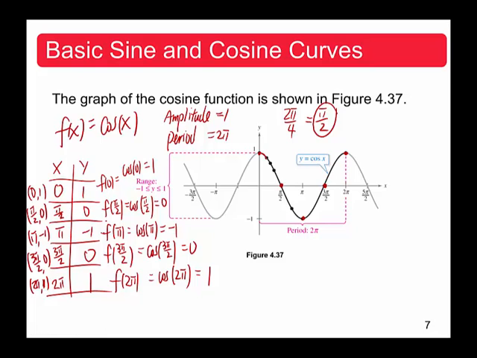Now again, you connect those 5 ordered pairs with a smooth curve, 2 points at a time. Then we get one period of a cosine function.